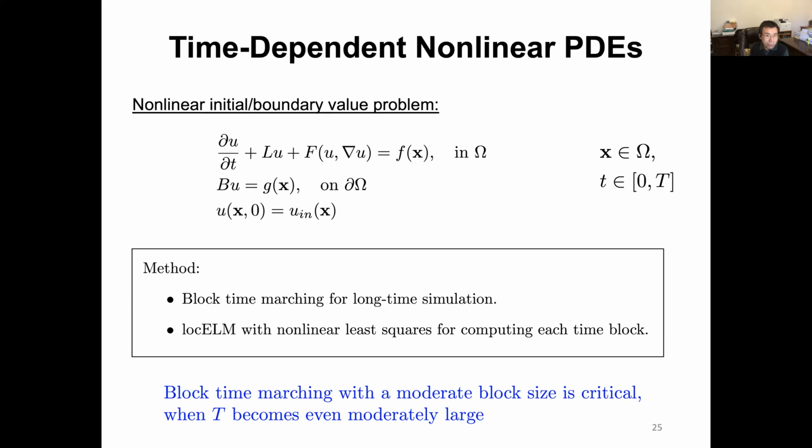So for nonlinear PDEs, especially for long time dynamic simulations, even when the temporal dimension t becomes moderately large, the block time marching becomes critical. Without it, it's very hard to get the accurate solution, or to get the correct solution. So that's the idea. There are of course many details, but these are the main ideas for the method.